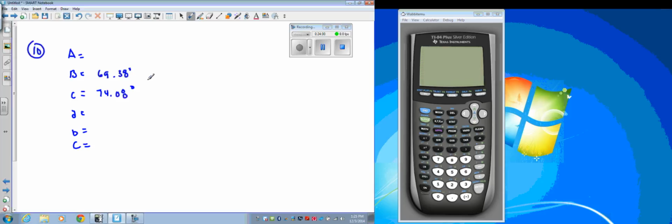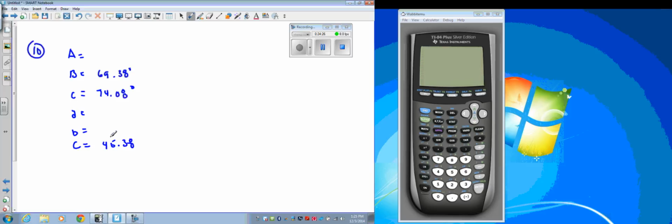Now, anytime they give you two angles, it's automatic. You should automatically say this is the law of sines, because you can always calculate the third. So it's going to be the law of sines. And now they'll have to give you a side. So the side that they're choosing to give you here is 45.38.